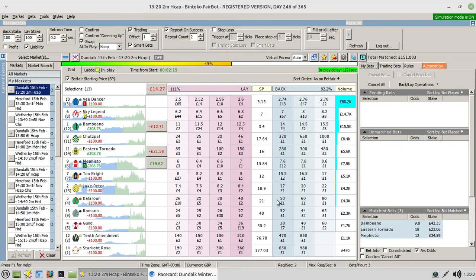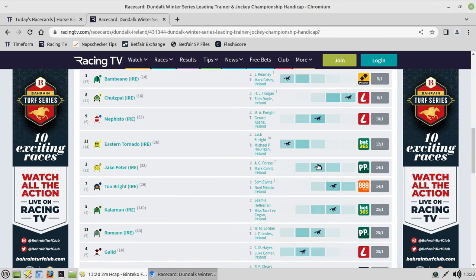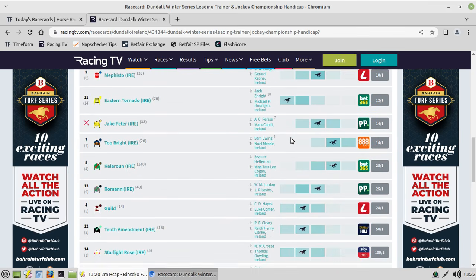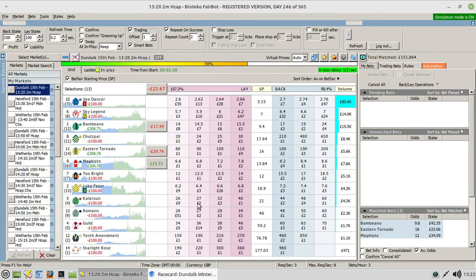We've got Jake Peter, who seems to have come in a reasonable amount. What sort of runner is he? Yeah, he's a midfield horse, but as I say, his odds, generally speaking, off were a little bit too high. But that's just a personal preference thing.